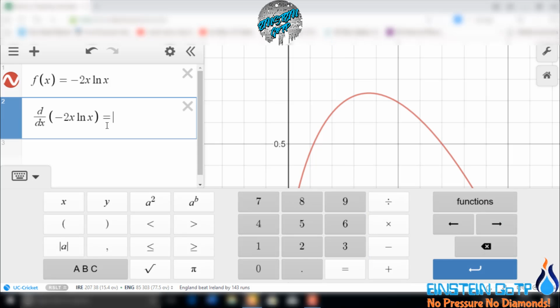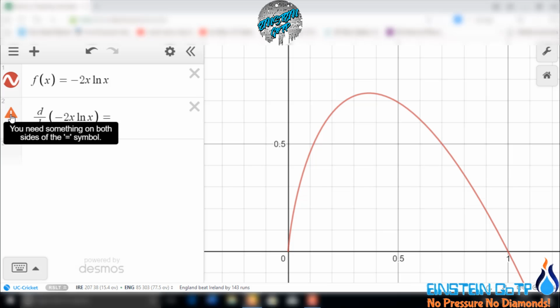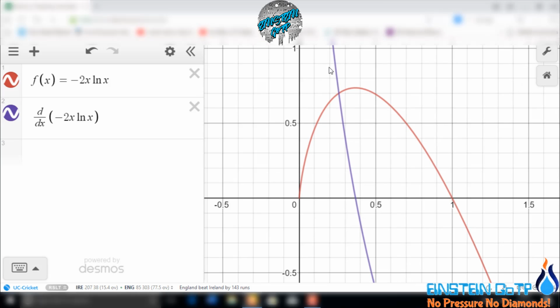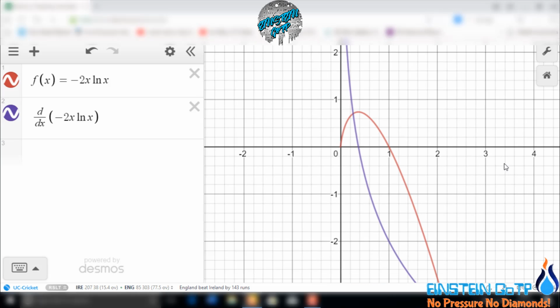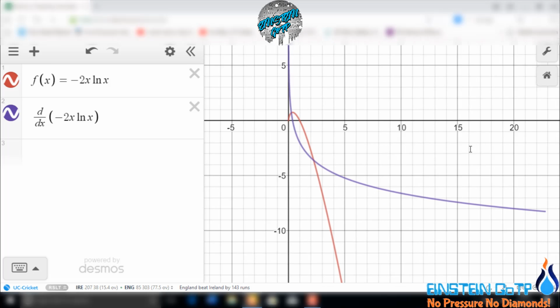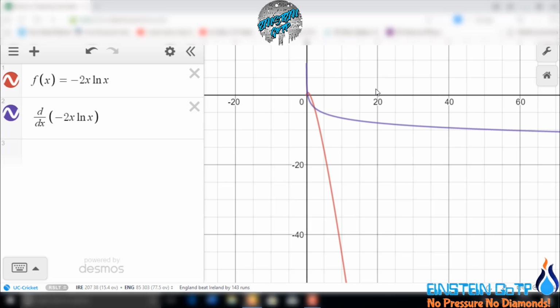So I need to calculate the value. So here is the derivative function of this. Wow, it looks amazing as you can see.